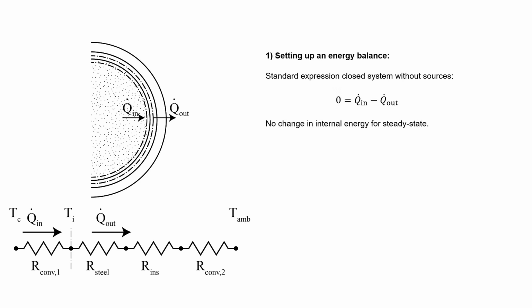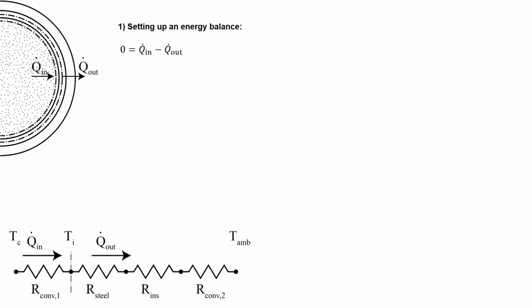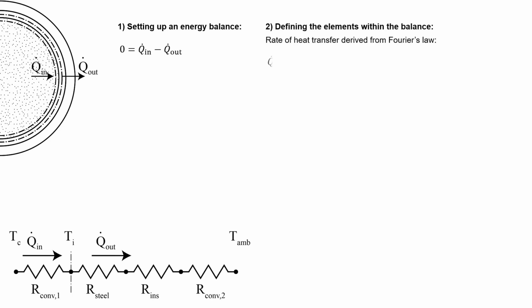Once we have an energy balance, the next step will be writing out all elements within the balance in terms of system variables. We know the general expression for the rate of heat transfer, which is derived from Fourier's law, which states that the rate of heat transfer is equal to the temperature difference over the total thermal resistance.